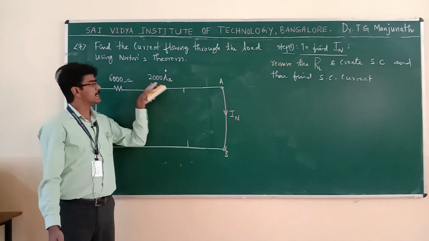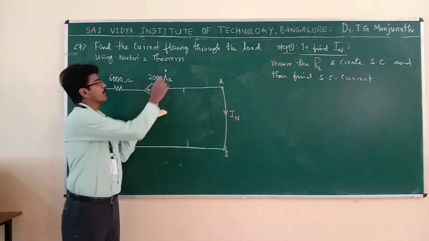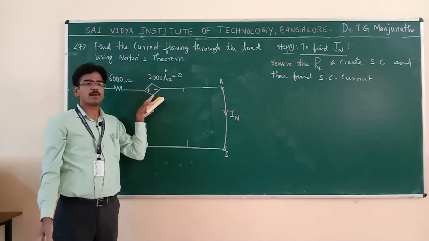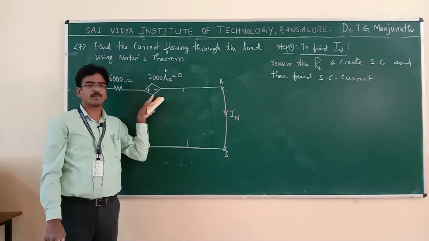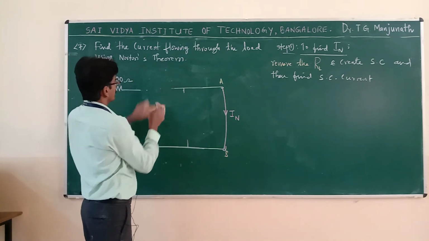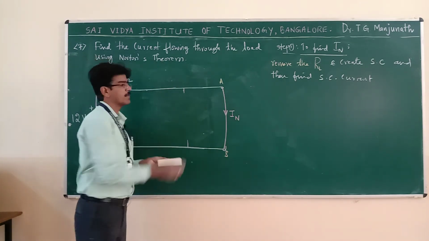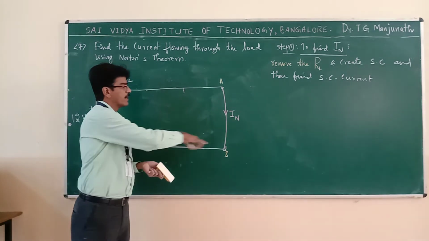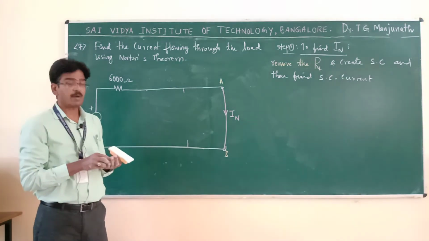Means the voltage source value becomes 0. When the voltage source is 0, what does it mean? Voltage is 0 under short circuit condition. Therefore, this can be replaced by a short circuit. Then what happens? We will get only one loop. So, what is the current now?